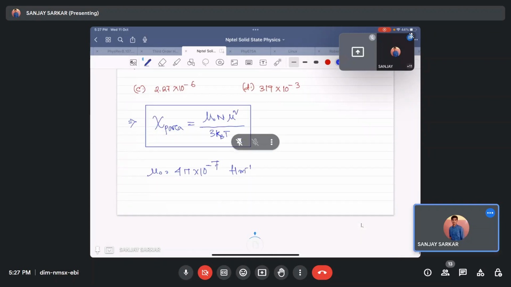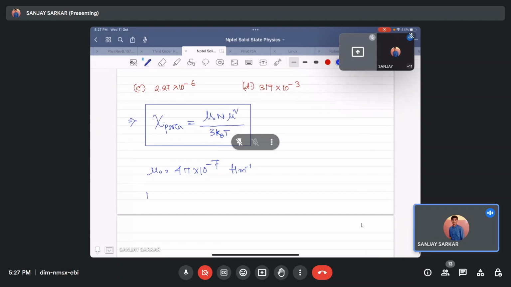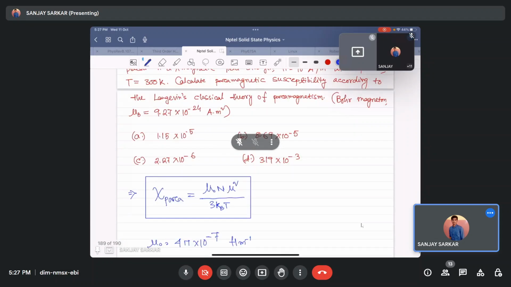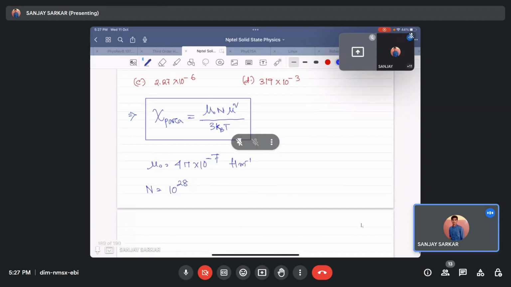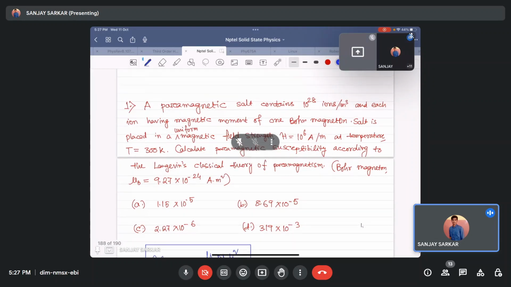So see, in this question everything is actually given. What is n? N is 10 to the power 28 ions per meter cube. Then the salt is placed in a uniform magnetic field at temperature T equals 300 Kelvin.